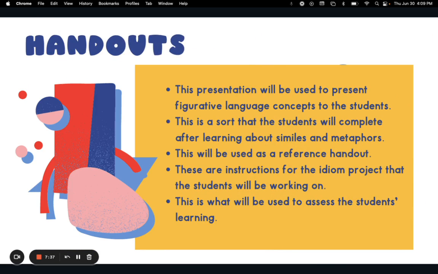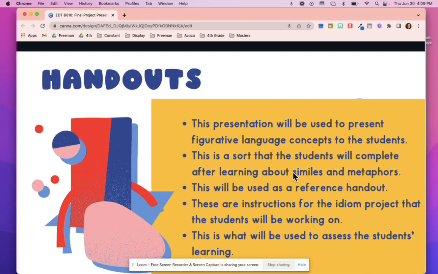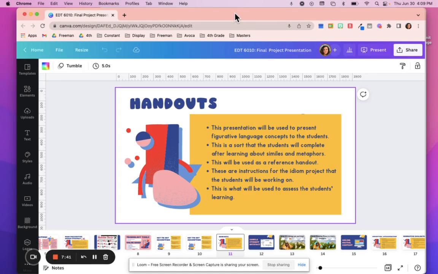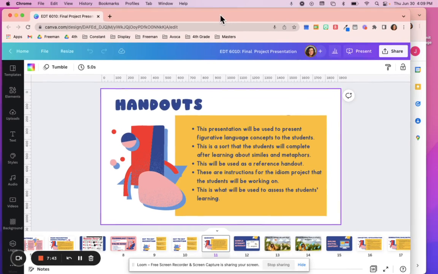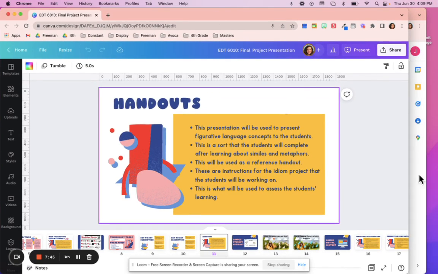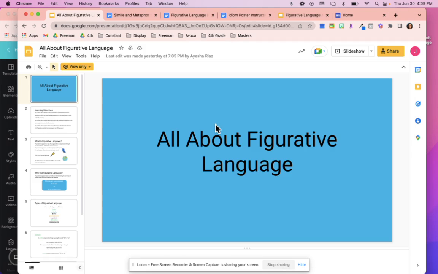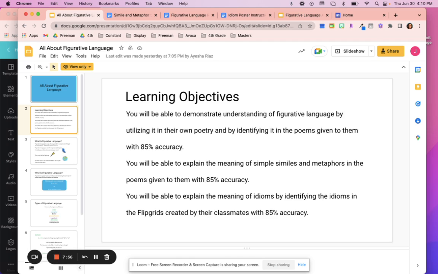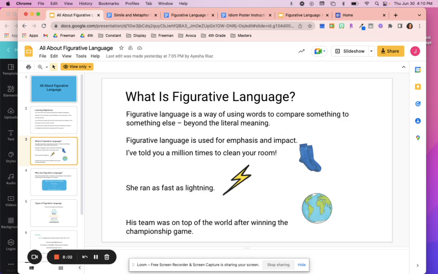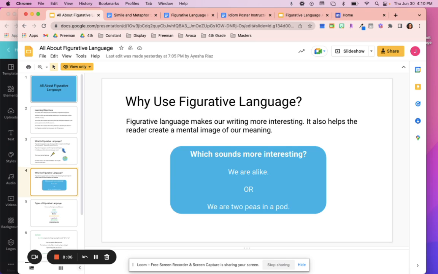So for the student handouts, the first thing that students will have is a presentation that will be used to present the concepts of figurative language to the students. So this is just explaining to them what figurative language is and getting the basics out there, the anticipatory set, letting them understand what we're learning about today, giving them the objectives, providing examples just to get the conversation started about figurative language.